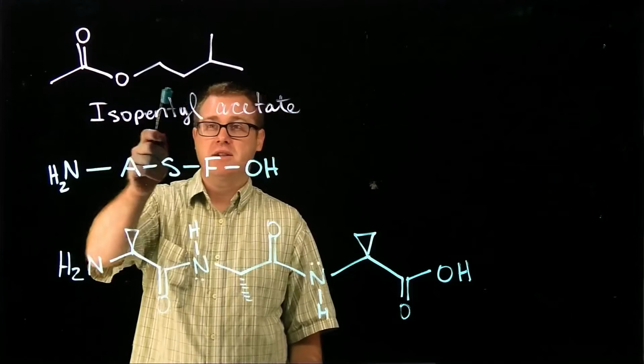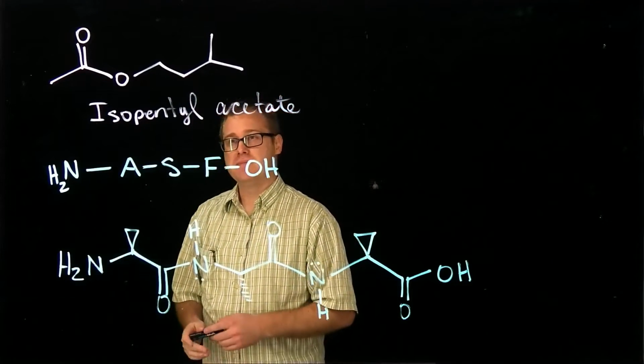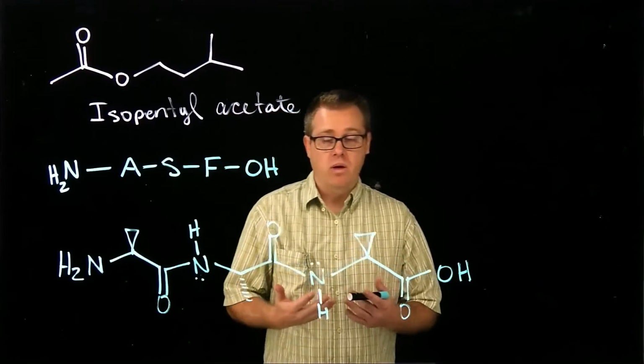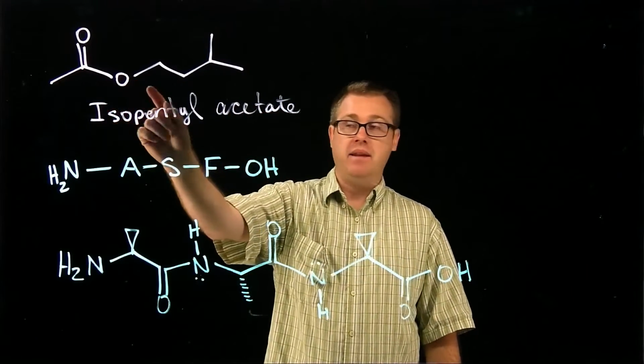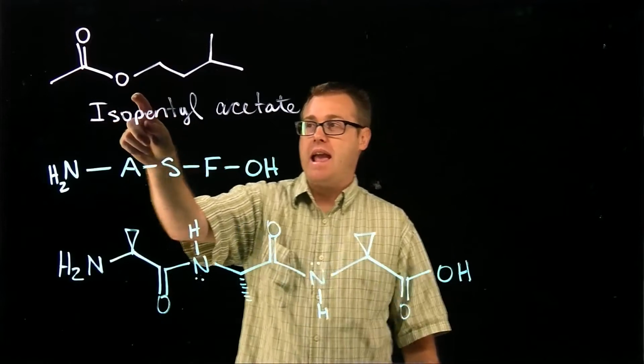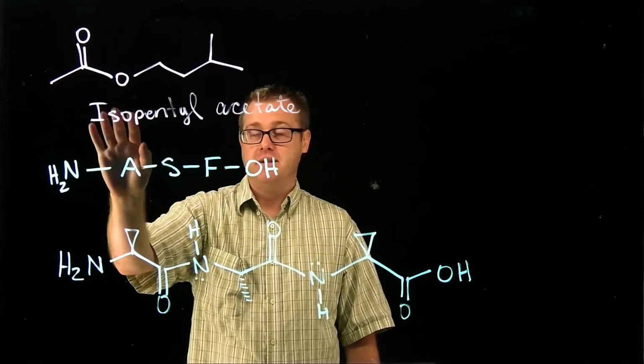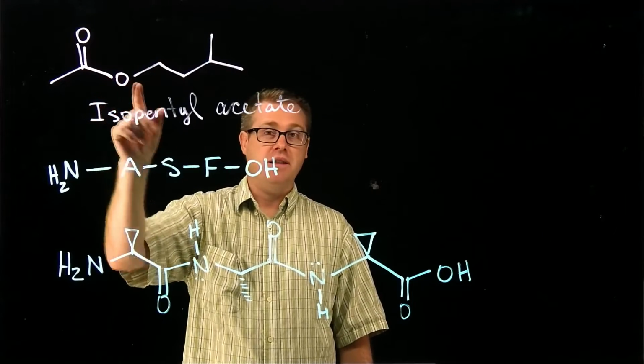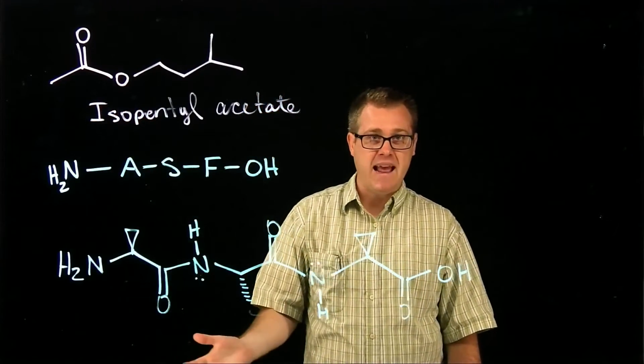This molecule here is called isopentyl acetate. If you were in my orgo lab, you would be making this molecule in lab. And the reason why I have you guys make this molecule is because it's really fun to make, because this is the molecule that's responsible for the smell of bananas.